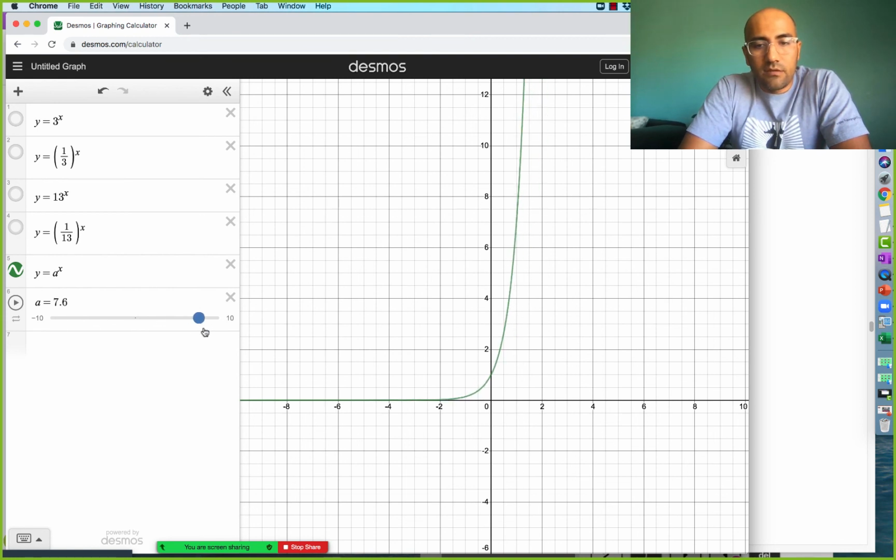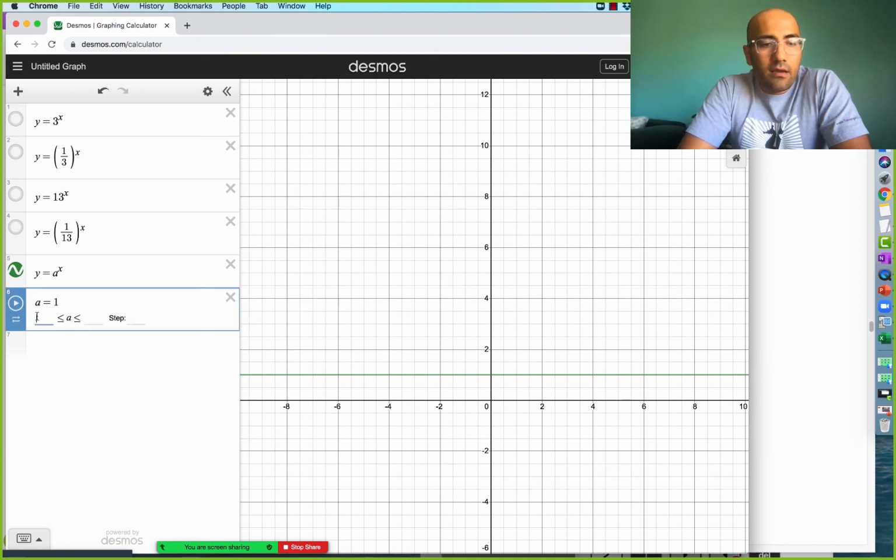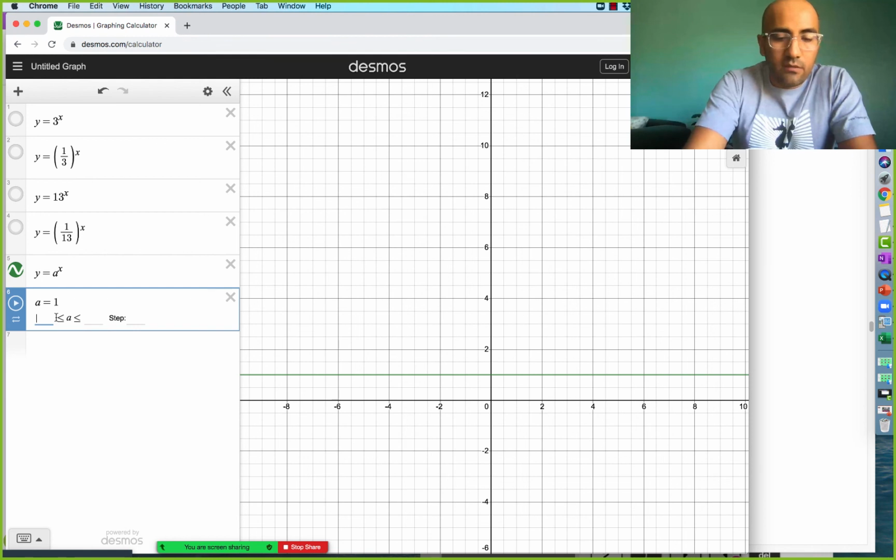And then when we get to 1, the output is silly because 1 raised to the power of x is always 1. So it's just a flat horizontal line, the line y equals 1. And when we get to a decimal value between, let's put 0.01, and let's make this 10, 5.1s.